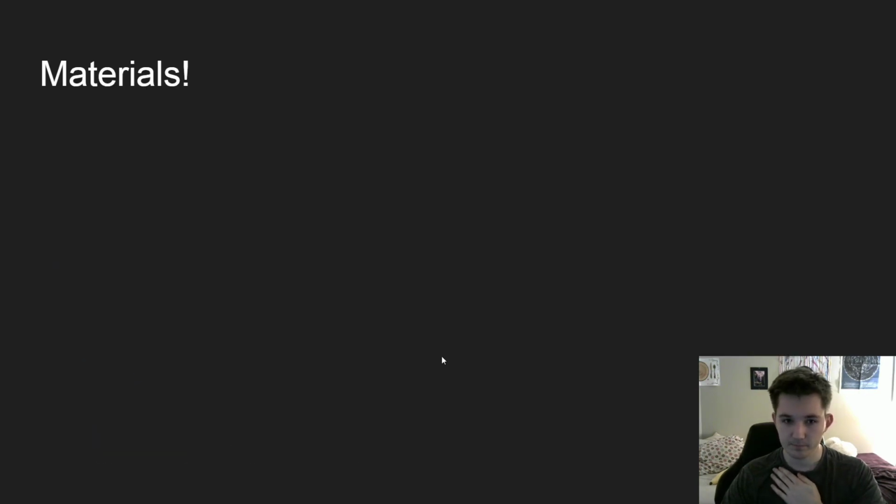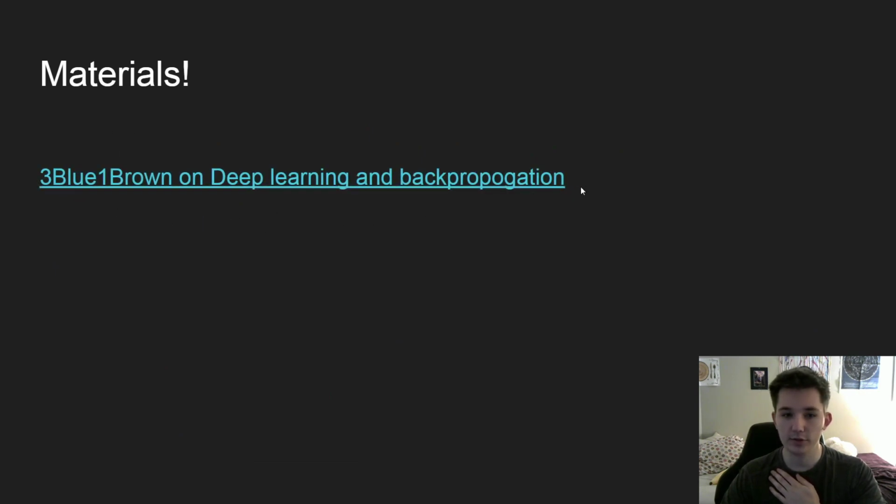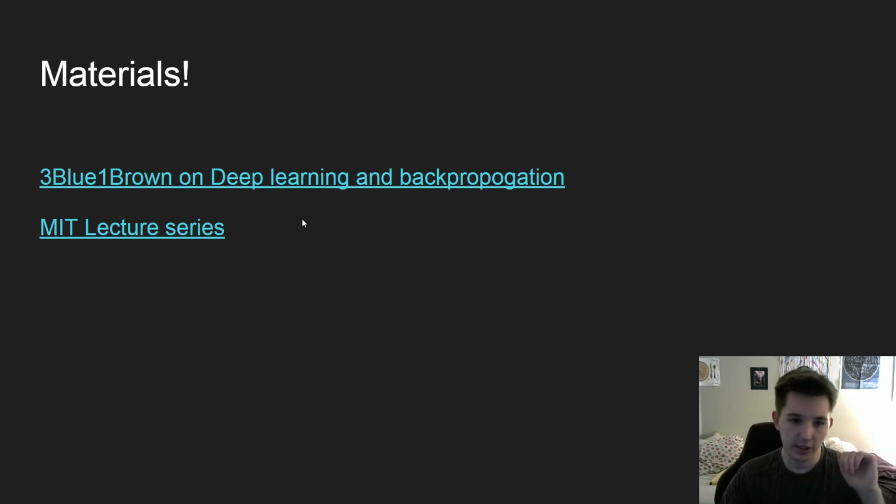All right, so I've also included here a couple materials. 3Blue1Brown has an excellent coverage of deep learning and backpropagation that I recommend all of you look at. There is also an MIT lecture series that is quite good. It's entirely on YouTube.